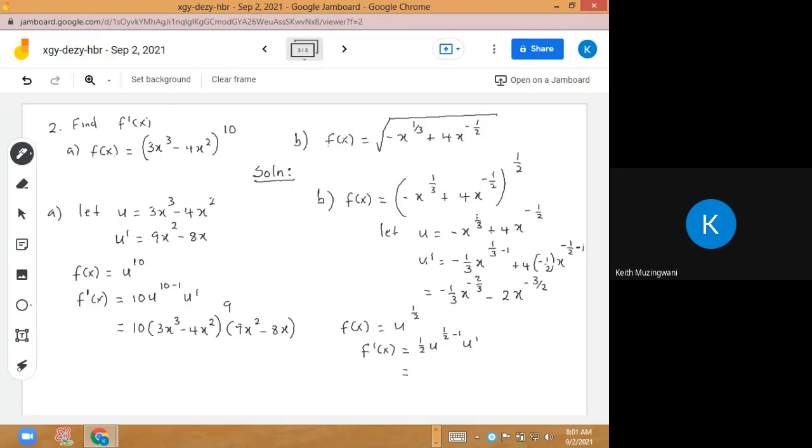When we substitute, this is equal to half, u is negative x to the power 1 over 3 plus 4x to the power negative half, to the power half minus 1, we get negative half, and then u prime is negative 1 over 3 x to the power negative 2 over 3 minus 2x to the power negative 3 over 2. This becomes the derivative of f.